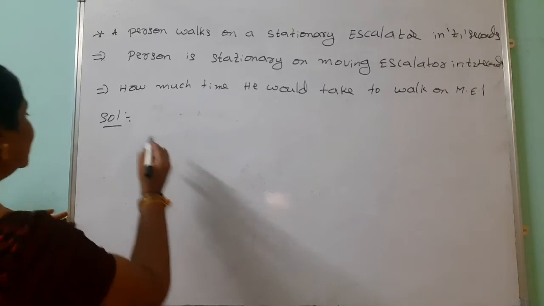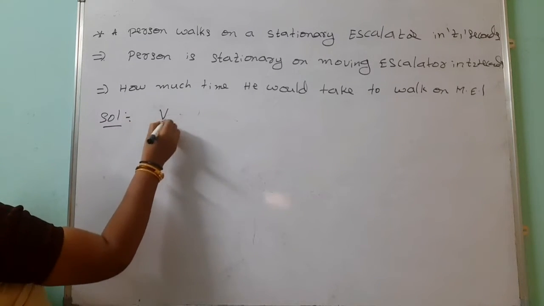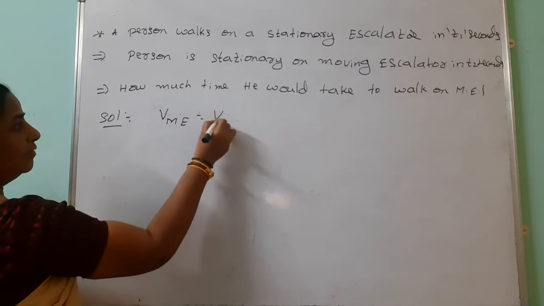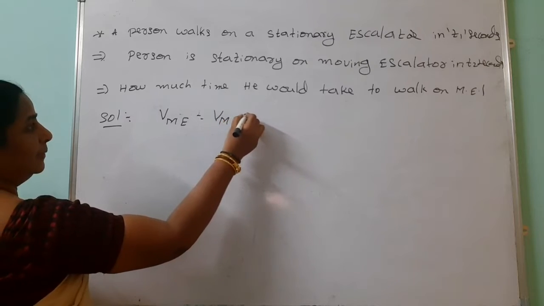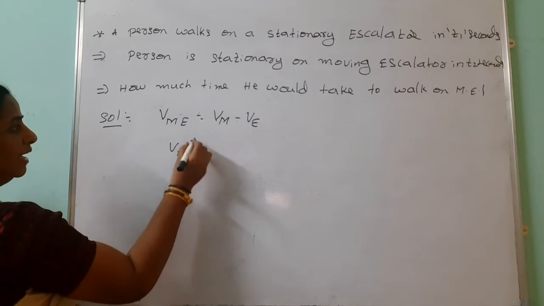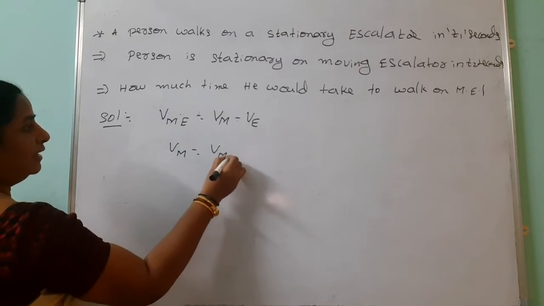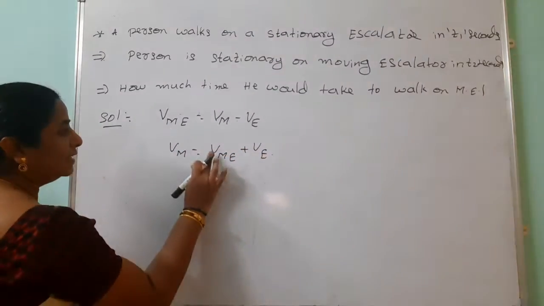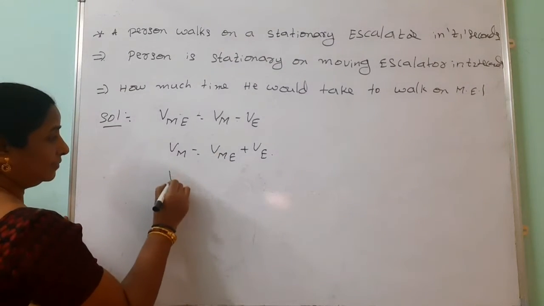Then we should find how much time he takes when he is walking at the same time that the escalator is moving. For this we take the velocity of the man with respect to the escalator, Vm minus Va. But to find the velocity of the man, we take Vme plus the velocity of the escalator. So this is the first condition.